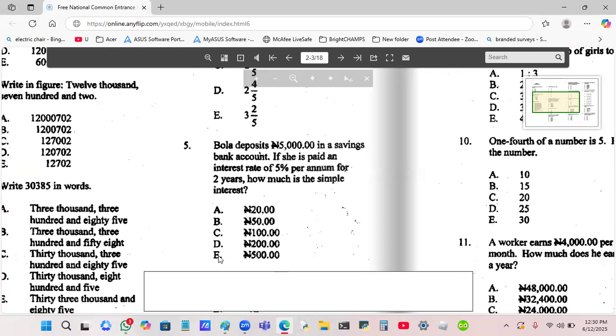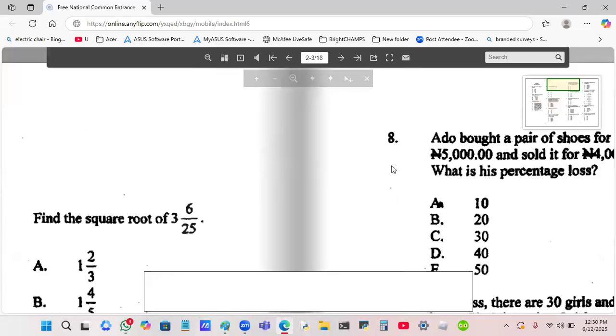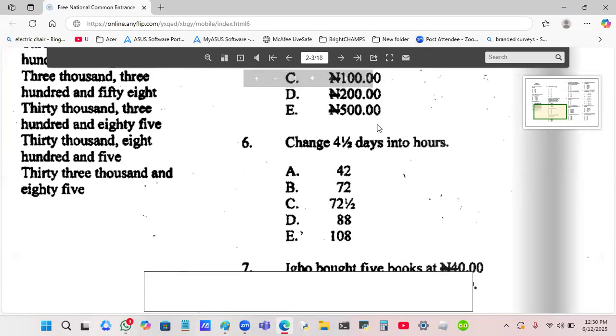So are we at number 6 now? We're at number 6. Yes, I'm coming. Please, I need to use the restroom.